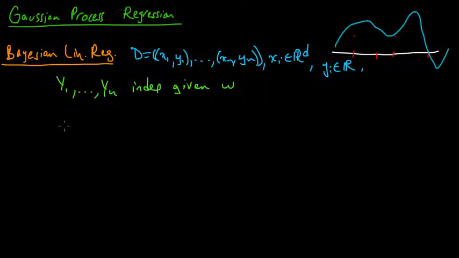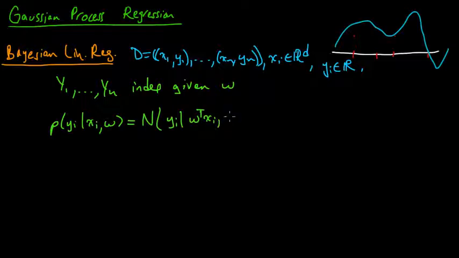And the distribution that we put on these y's is, we say that the density of y_i given x_i and w is a univariate normal with mean w transpose x_i and some variance, let's say sigma squared.